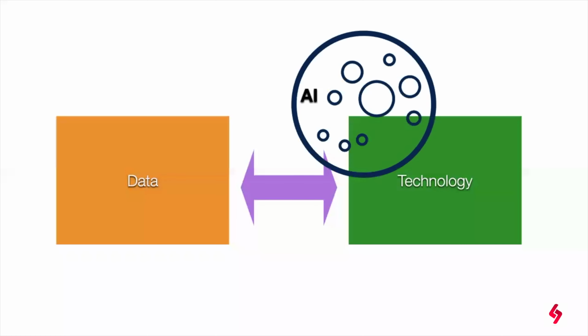AI is mainly the technology part, and data science is the data side, but we are doing both combined here. Data science and AI are always connected. So the technology part we are going to focus on now is the machine learning side.